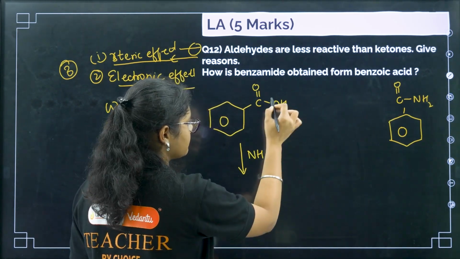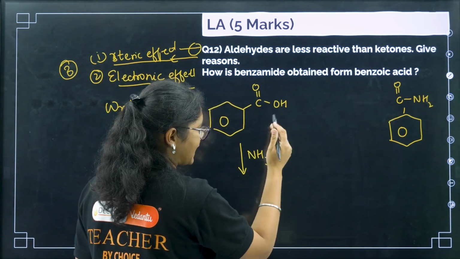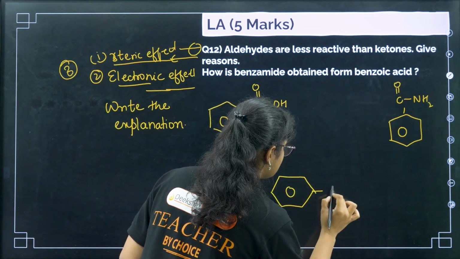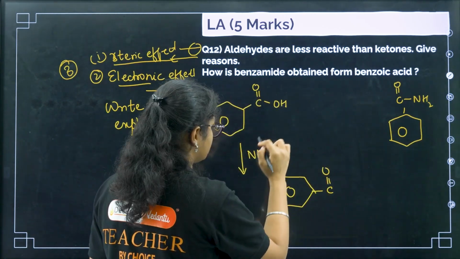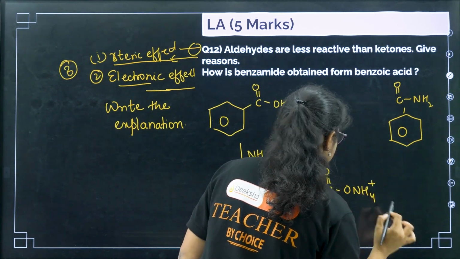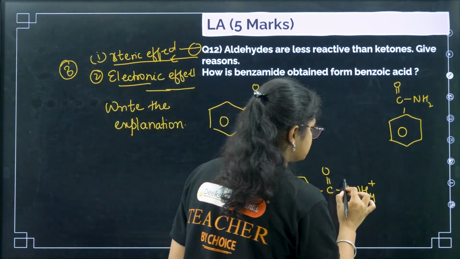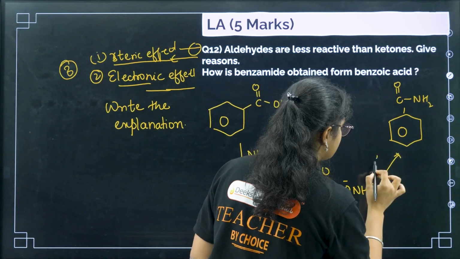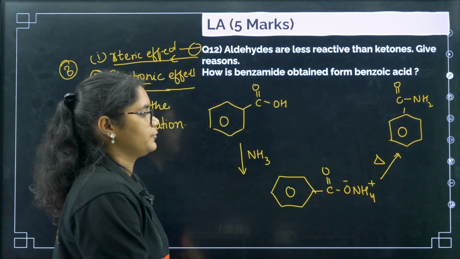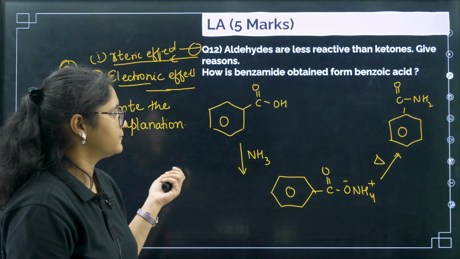One H plus will come from the OH. So there is an acid base reaction. So we will get C double bond O and then O minus NH4 plus. Okay, after that what happens? There is dehydration, water will be removed and we will get CONH2. Okay, that is the 2 marker question here.